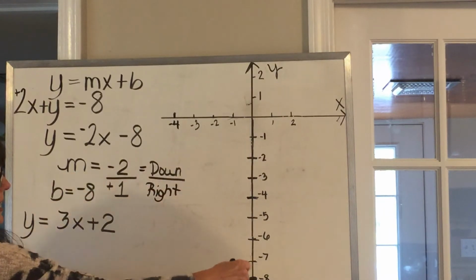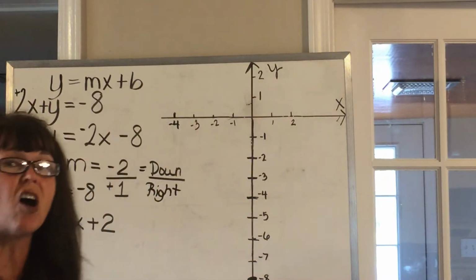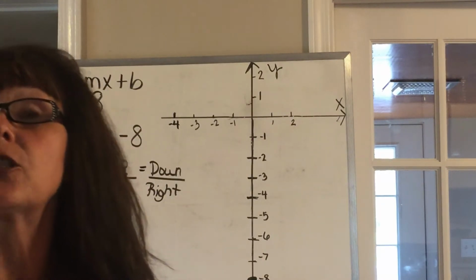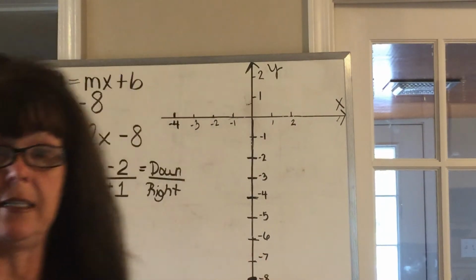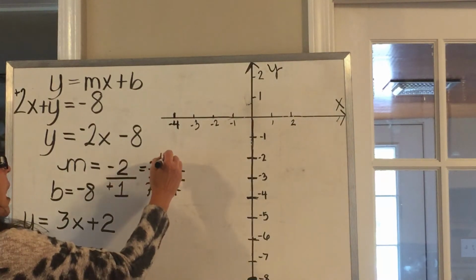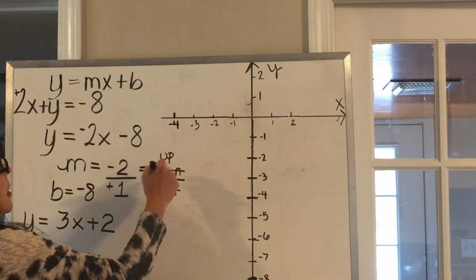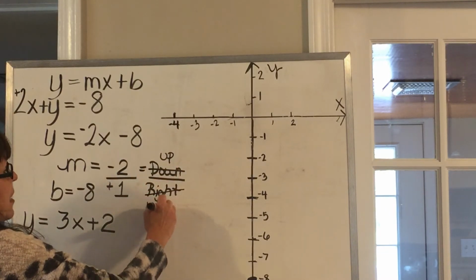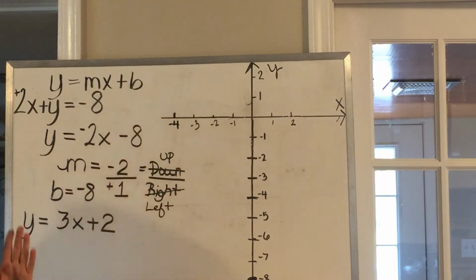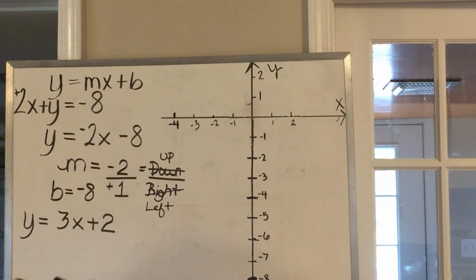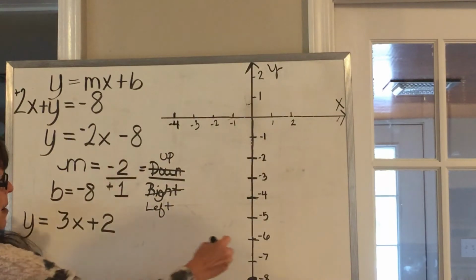But if I did that, I would be going off my graph, and I don't have any more room. So that's why I'm going to reverse it. Instead of going down, I can go up, but instead of going right, I would have to go left. And that will keep me on my graph. So that's what I'm going to choose to do. I'm going to do it several times.